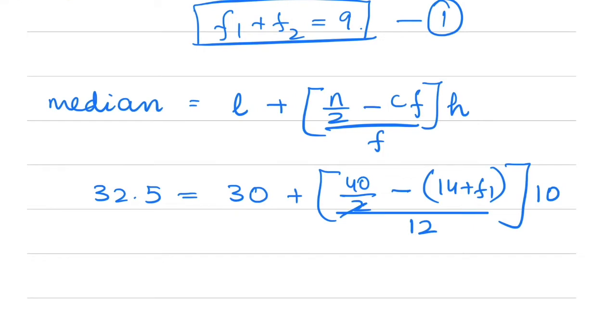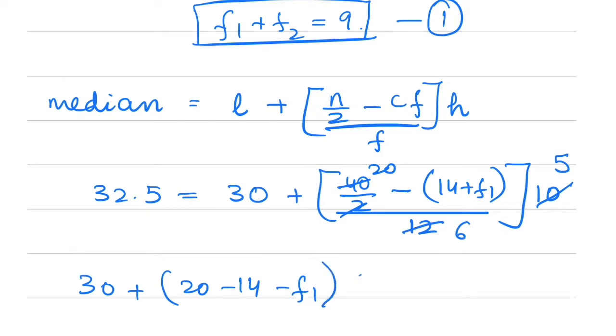So here we have 30 plus (20 minus 14 minus f1) multiplied by 5 and divided by 6 is equal to 32.5.